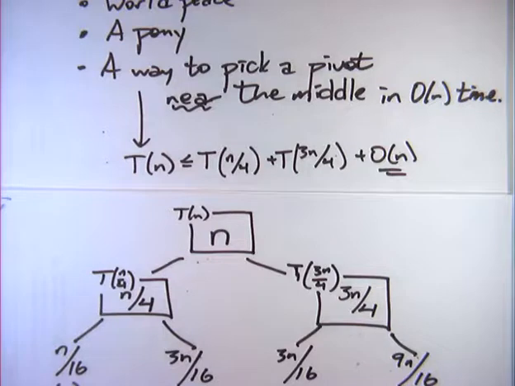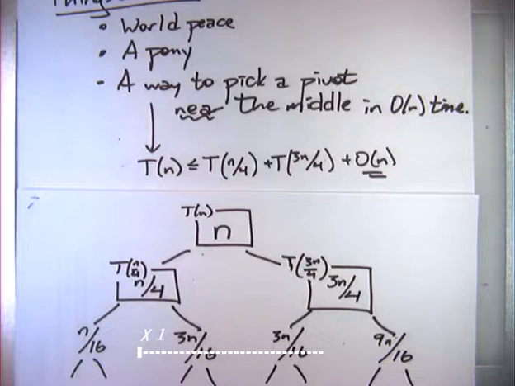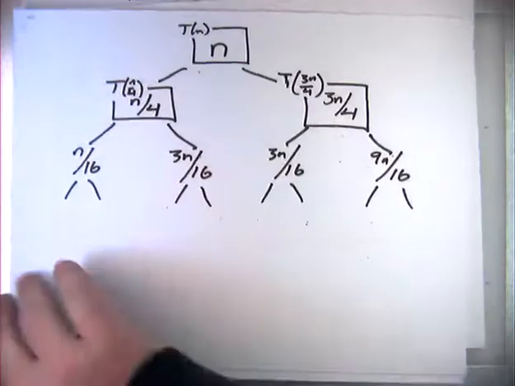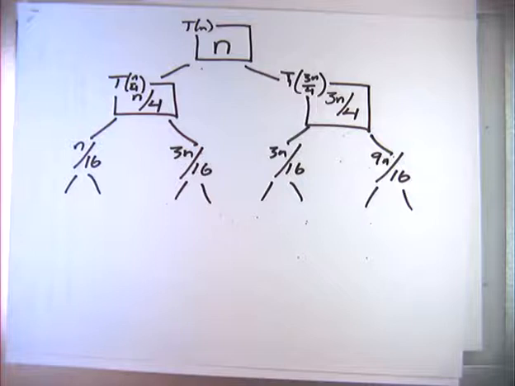Now, this doesn't look like a nice, pretty, balanced binary tree. I mean, the leaves on the left are going to be considerably shallower than the leaves on the right because the problem sizes are going down faster. They're going down by a factor of 4 at every step I'm going down the left spine, whereas I'm only going down by a factor, roughly 75%, going down the right spine.